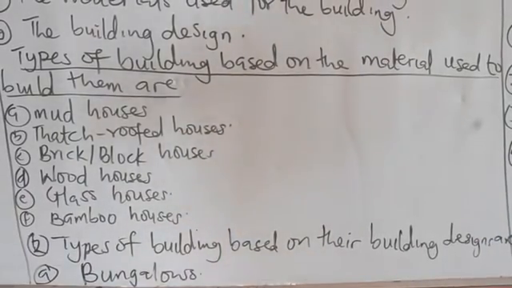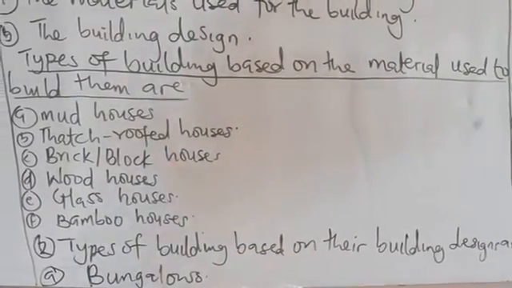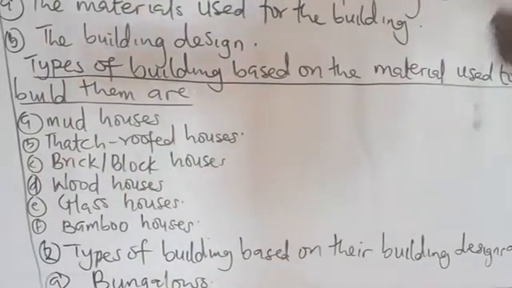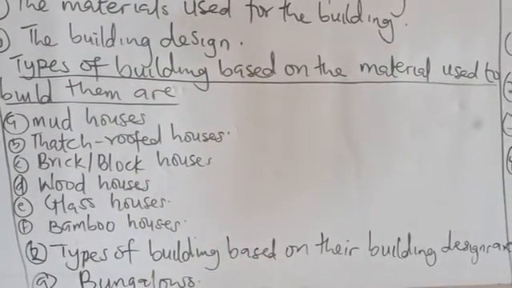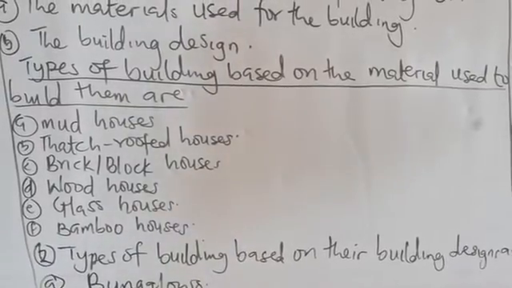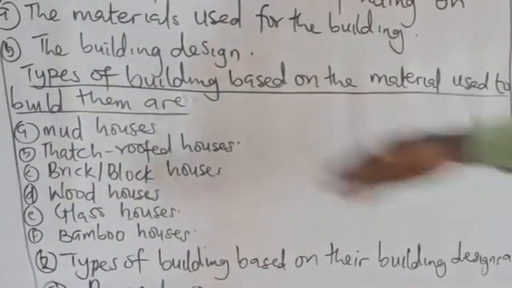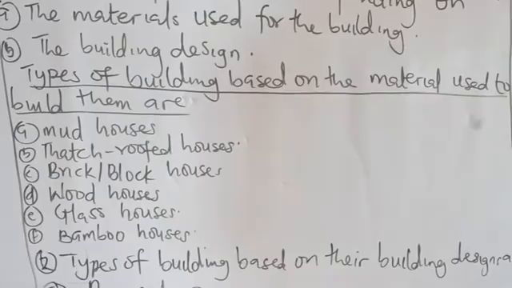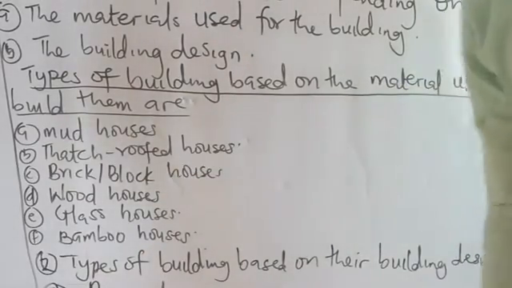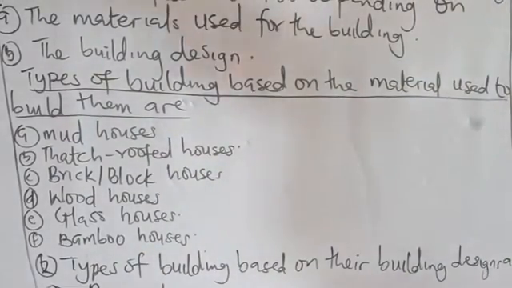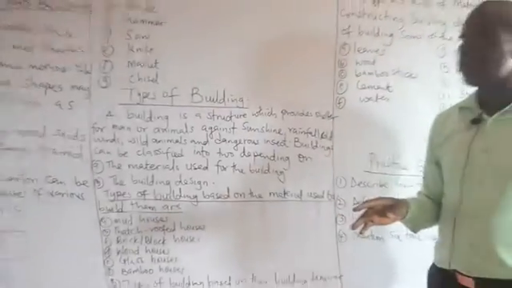So we have different types of houses, different types of building, and this building is based on the material that is being used to build them. We have buildings like mud houses. Mud houses are commonly found in the villages or in the rural areas.